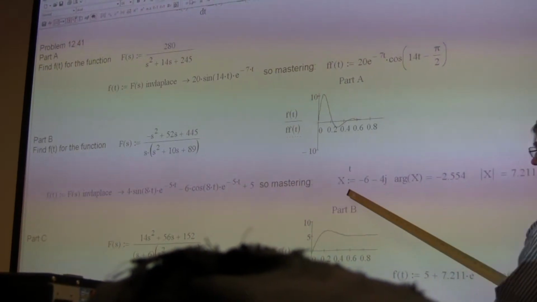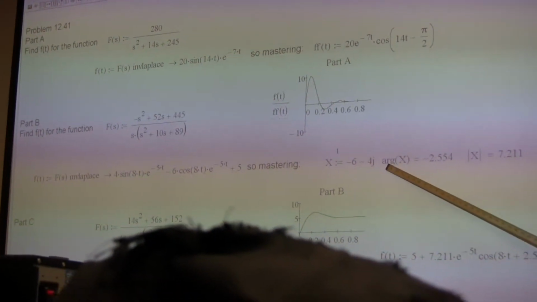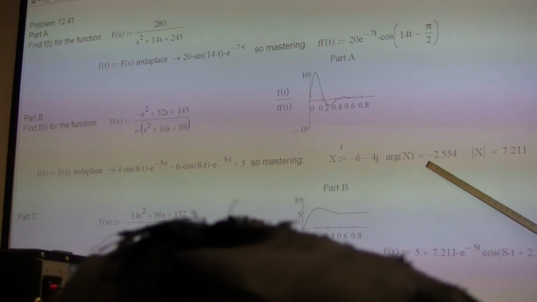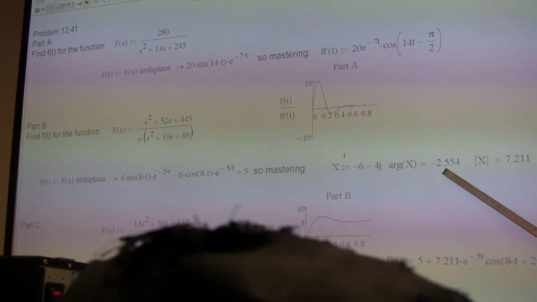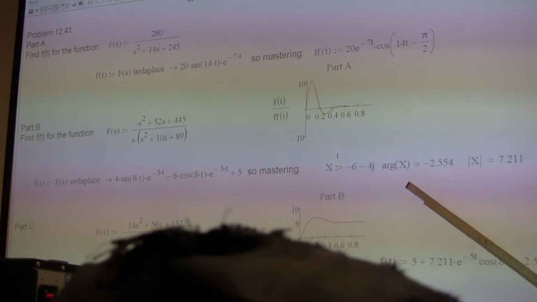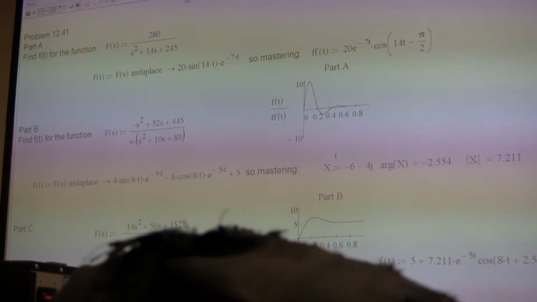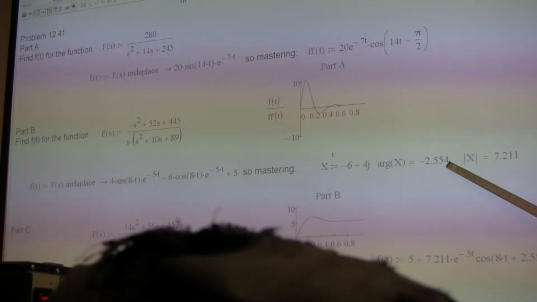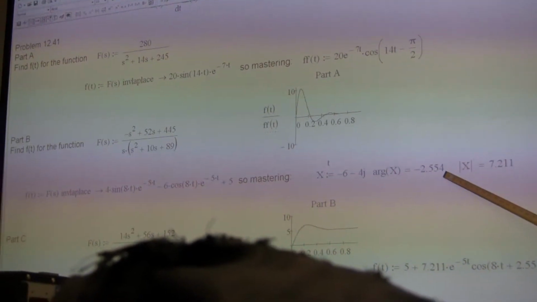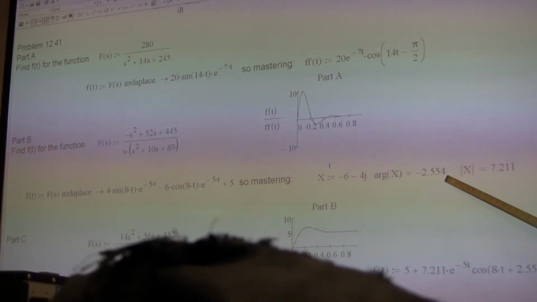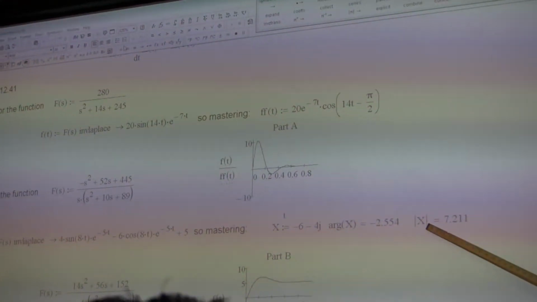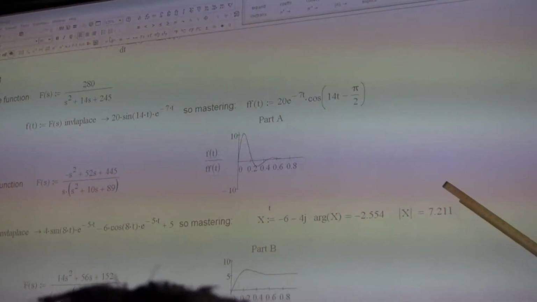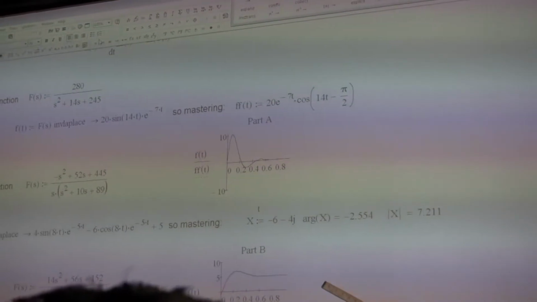Now, once we have that phasor, we can take the argument of the phasor, which is going to be in radians. And of course, if you need it in degrees, you could convert that to degrees. But in this case, this is going to be the phase angle in radians. And then the magnitude of x is going to give you the amplitude of the final answer, right?